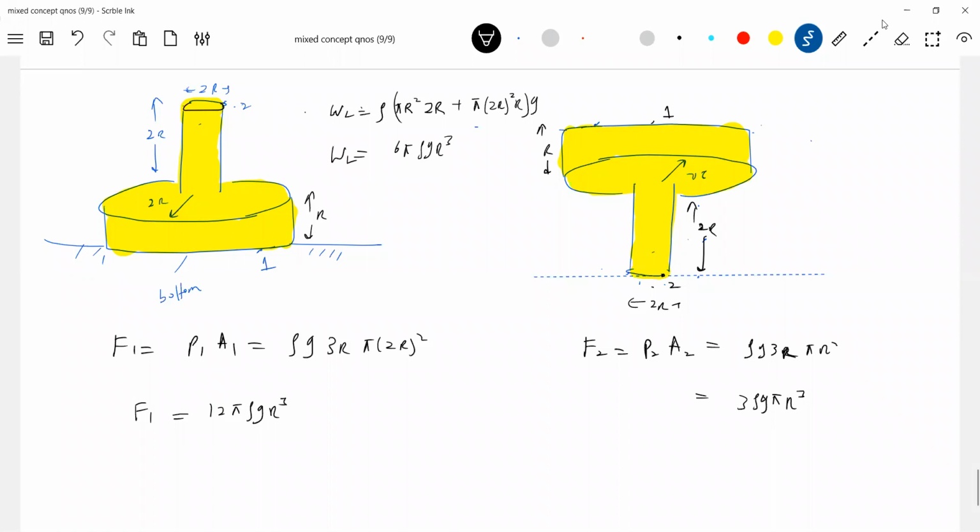What about the first case? In the first case, the force exerted by the liquid on the bottom is greater than the weight. In the second case, the force exerted by the liquid on the bottom is less than the weight of the liquid.